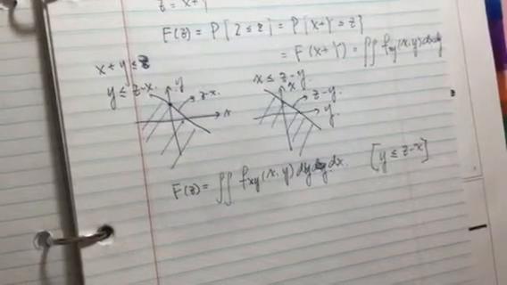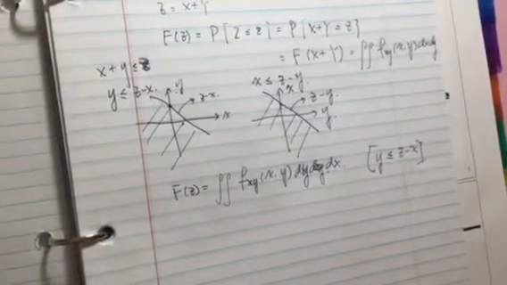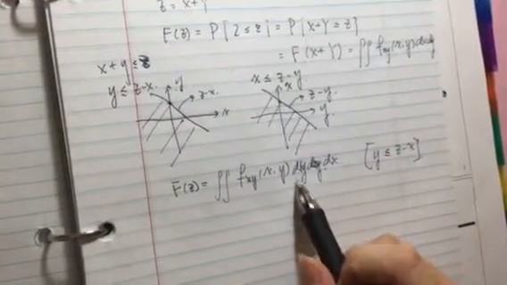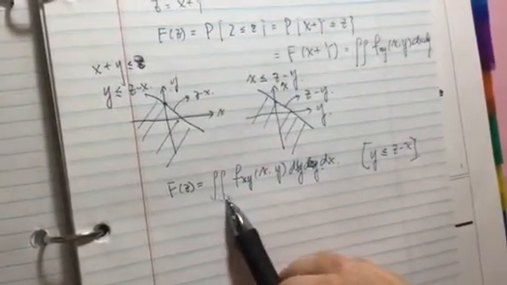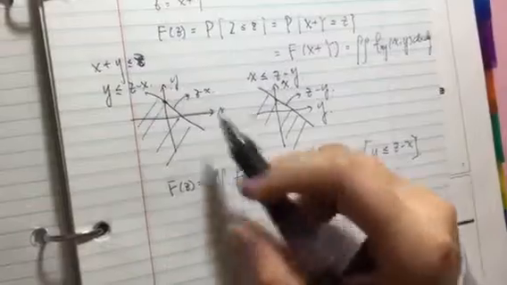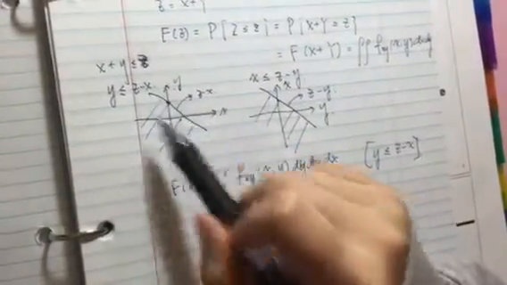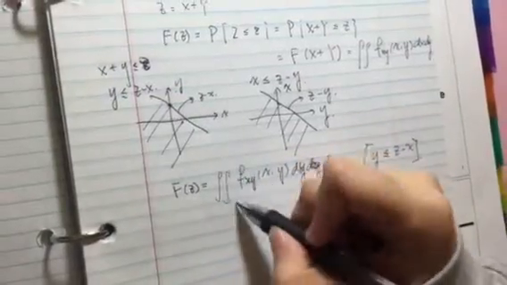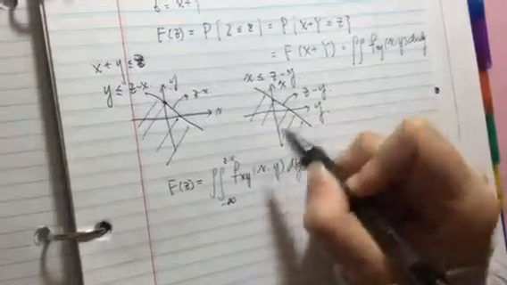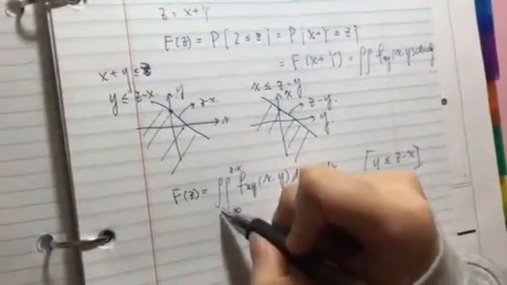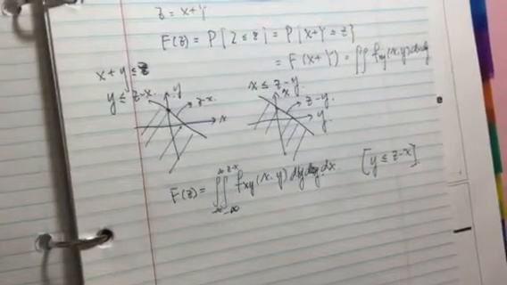Because we take the y integral first, and this range is for the y range, y is from negative infinity to z minus x, and for x it's just negative infinity to infinity.